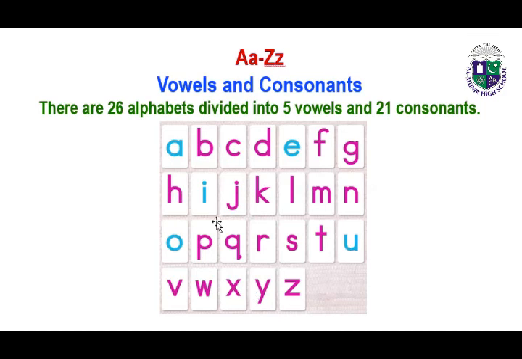You can see here are lowercase alphabets in small letters, and the vowels are in blue color and the consonants are in pink color. A, E, I, O, U. These are the vowels.